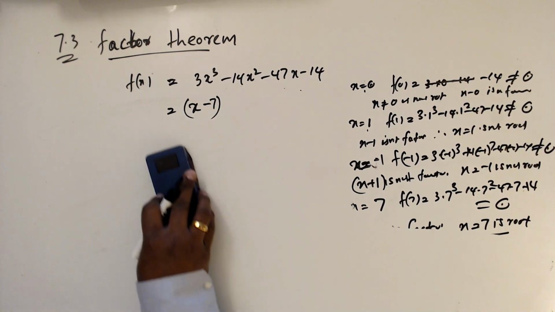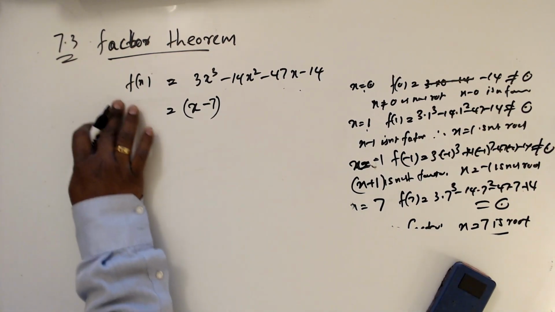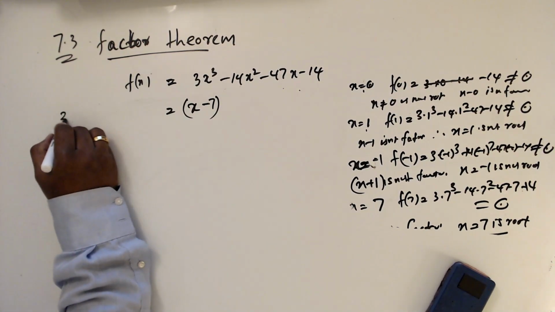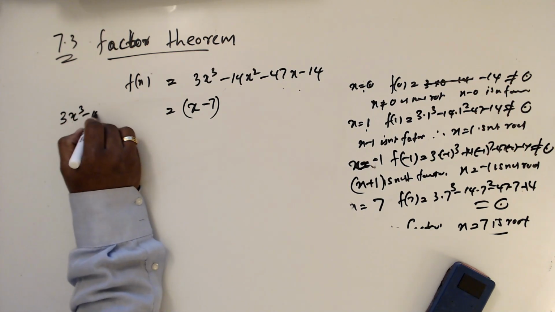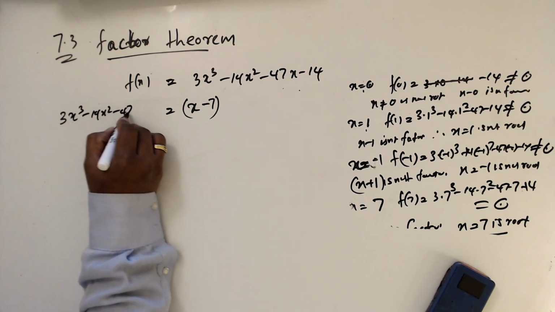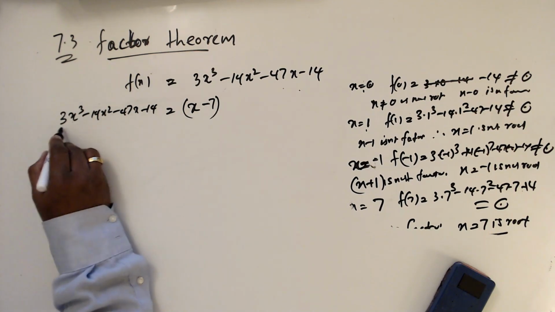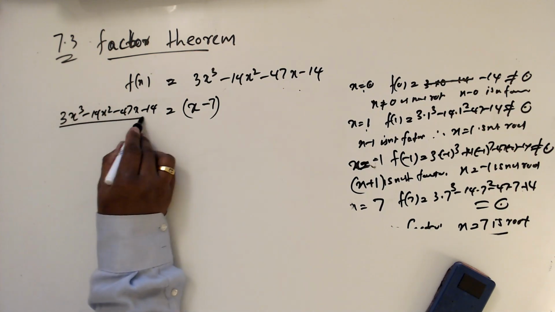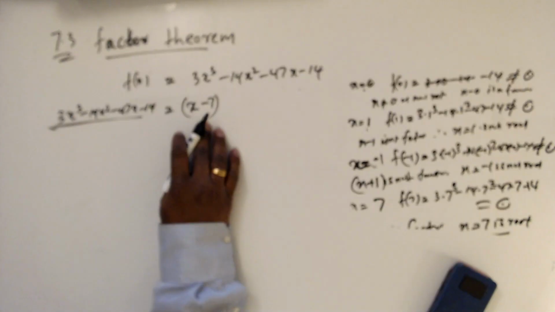And when you know the first one, what is f(x)? I will rewrite this one: 3x cubed plus 14x squared minus 47x minus 14. You know that x minus 7 is a factor.